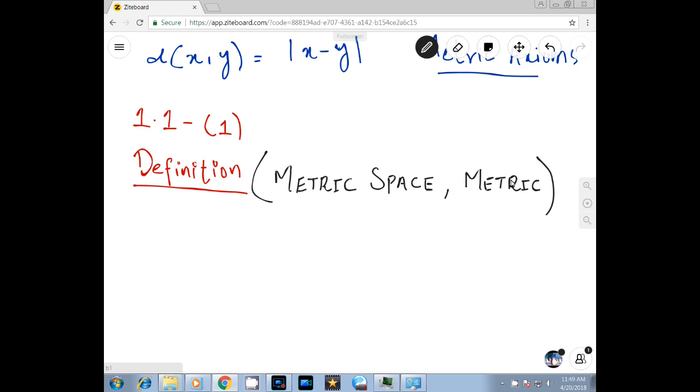In the first topic of section 1.1, we will study the definition of metric space.